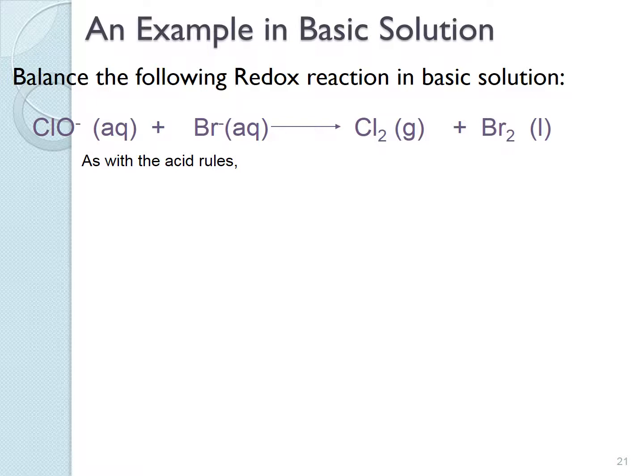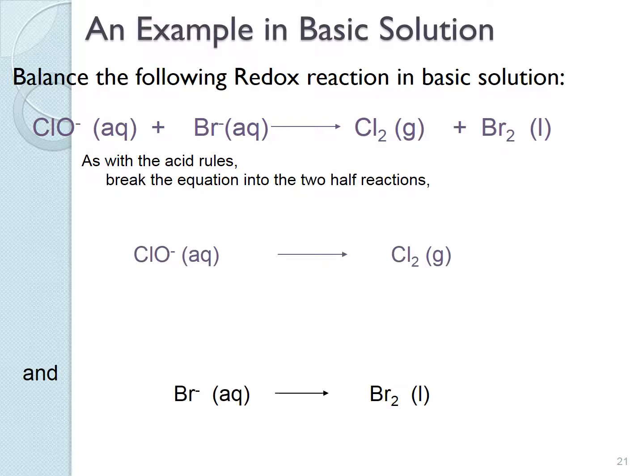Here we know the ClO- is going to Cl2 and the Br- is going to Br2, and so we can actually split those into the 2 half reactions. But let's just see what's happening beforehand, because you can make so many easy mistakes. So in this case, the Br- going to Br2 is going from -1 to 0, so that's oxidation.